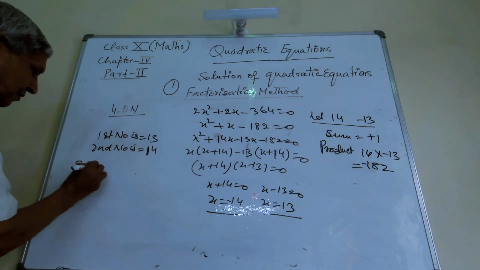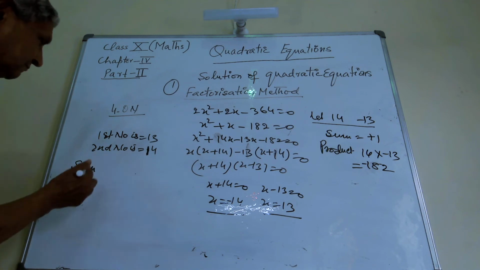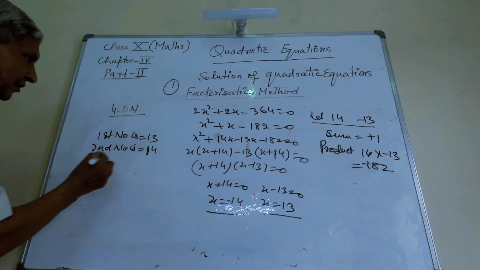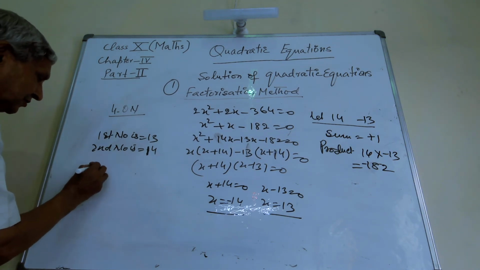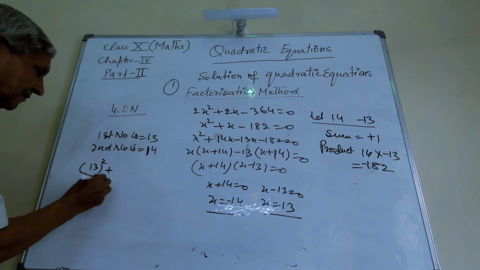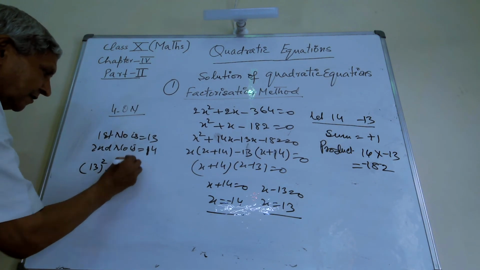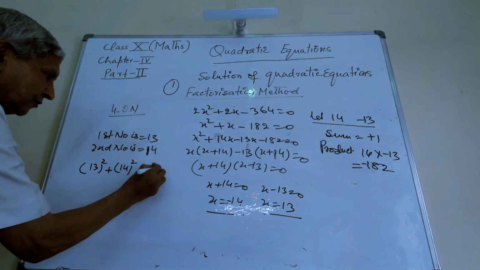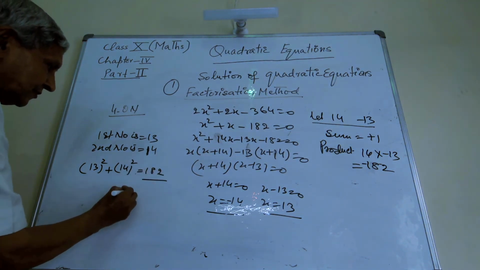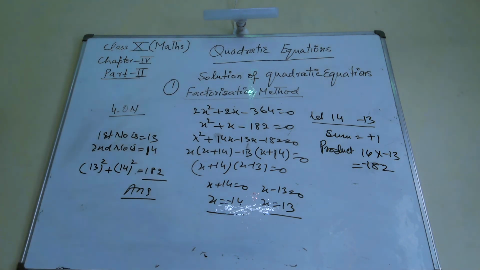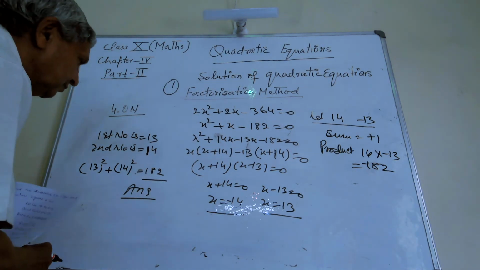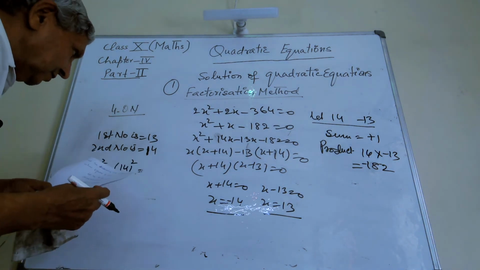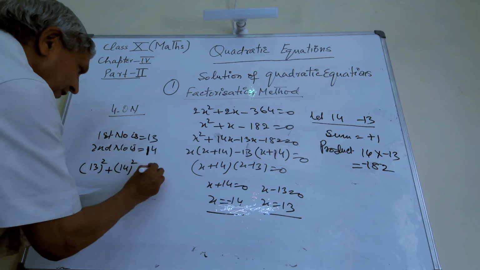How will you check? Find out the squares. 13 square plus 14 square will be equal to 365.